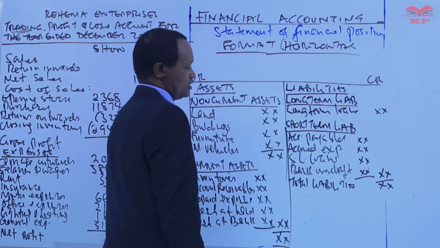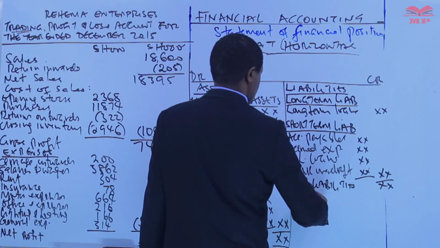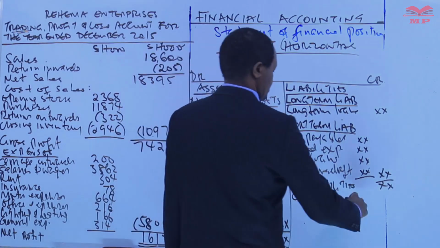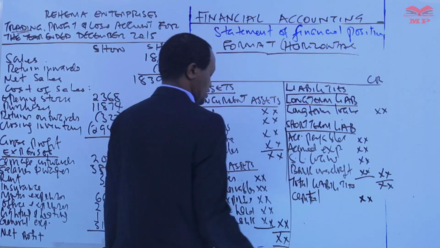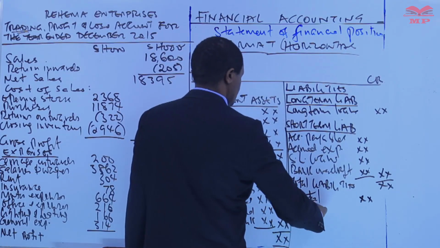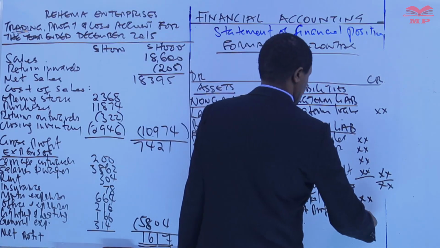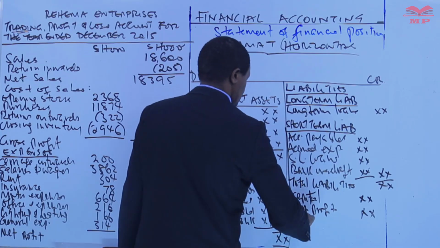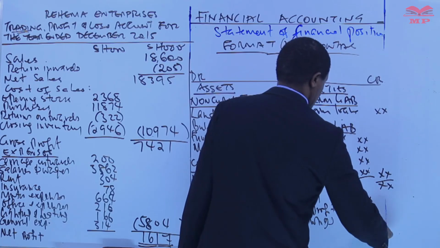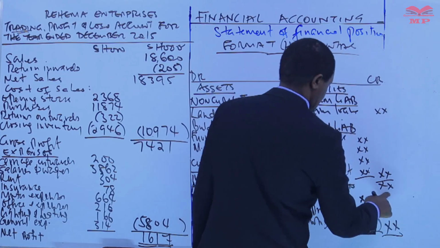To these total liabilities, we add capital. We have capital there. To this capital, we add retained profits or net profit, the undistributed profit. We add it there. The drawings, we deduct drawings from capital. Then the net, we add it to liabilities.